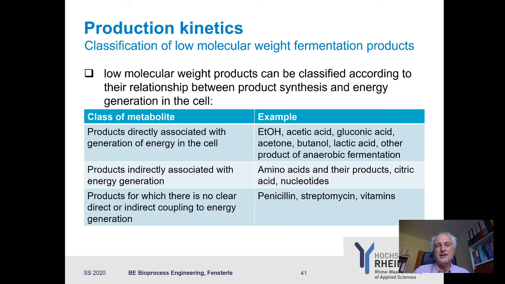So a fermentation end product is directly proportional, more or less, to the energy being produced. Other metabolites which are involved in energy formation but are not directly related are in this class. And of course, finally, there is a class where there is neither direct nor indirect coupling to energy generation, and of course all secondary metabolites fall into this class.